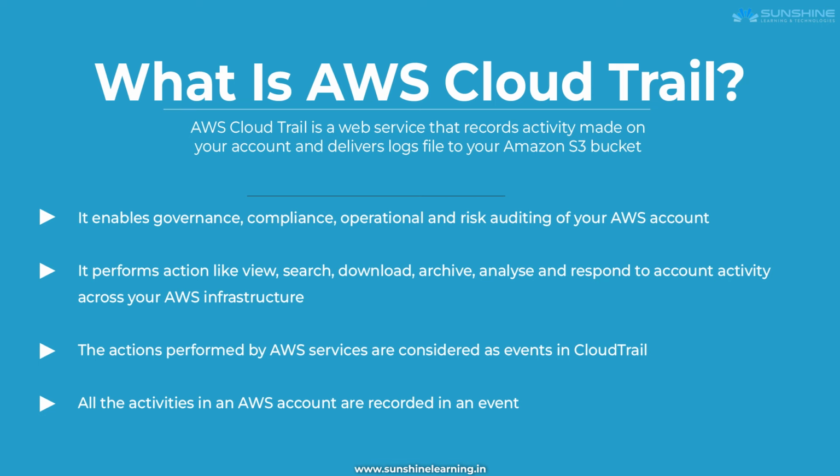As per the slides, CloudTrail enables governance, compliance, operational and risk auditing of your AWS account. It performs actions like view, search, download, archive, analyze and respond to account activity across your AWS infrastructure. The actions performed by AWS services are considered events in CloudTrail, and there are some real-time events also that you can look into.